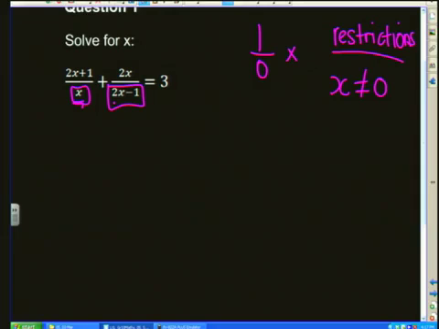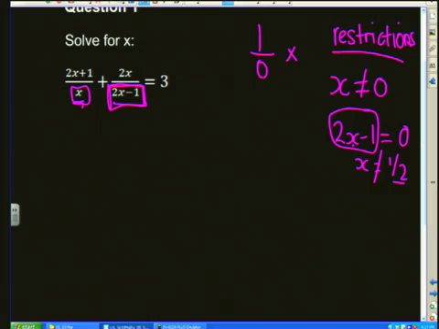This entire expression can't be naught, because then we're dividing by 0, which is not allowed. So if 2x minus 1 were equal to naught, we solve the little linear equation and get that x is equal to a half. So x cannot be equal to a half and x cannot be equal to naught.